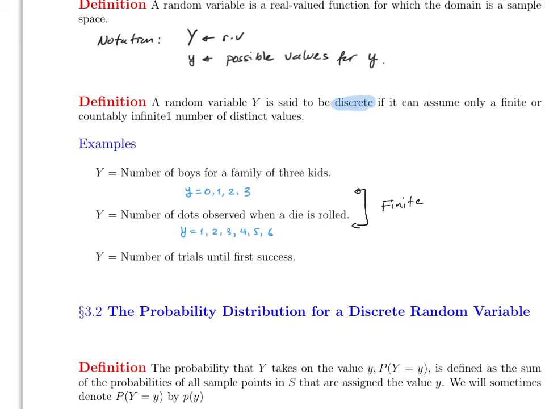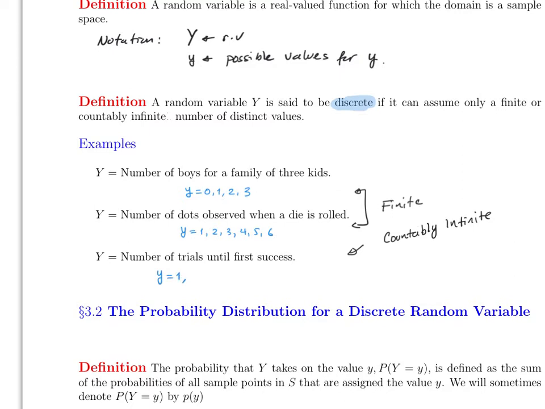number of possibilities. The next one will be countably infinite. Okay, and this is the reason why. If the random variable is the number of trials until you get the first success, you could be successful the first time, so therefore the value was only 1.